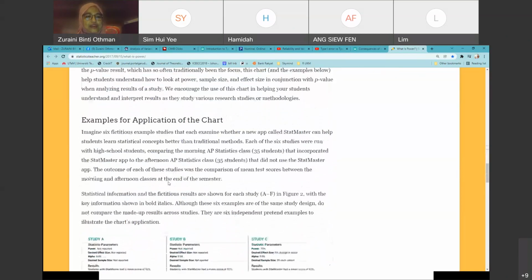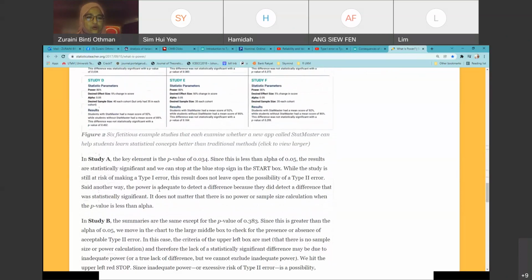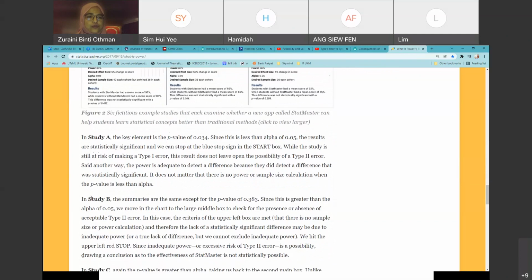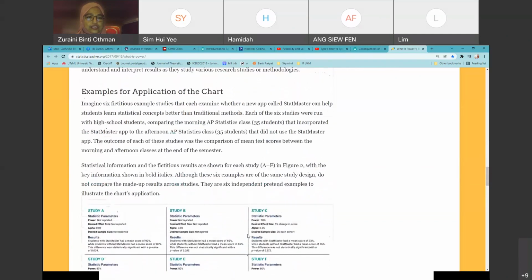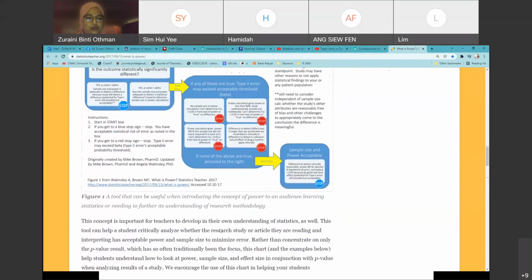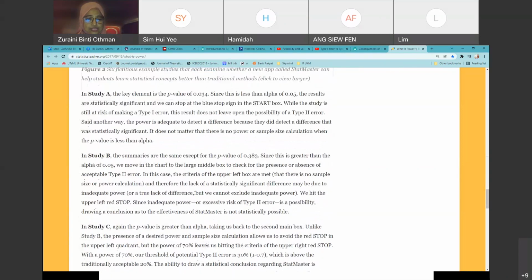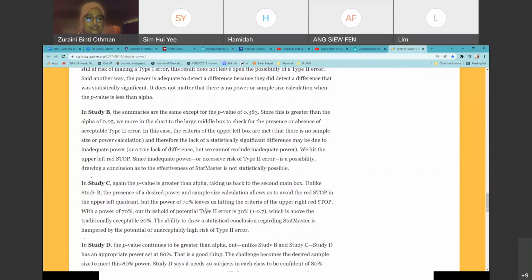You can find further explanation of how they conclude. For study B, where it is located in this chart and how they conclude, you may see from this explanation.